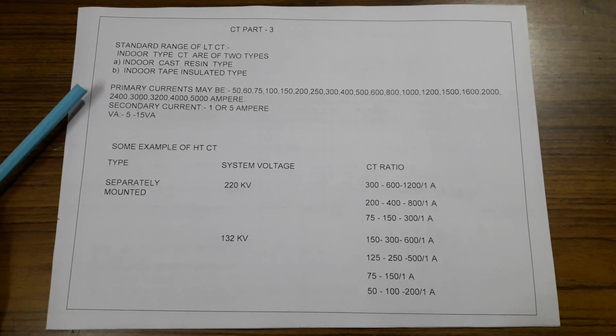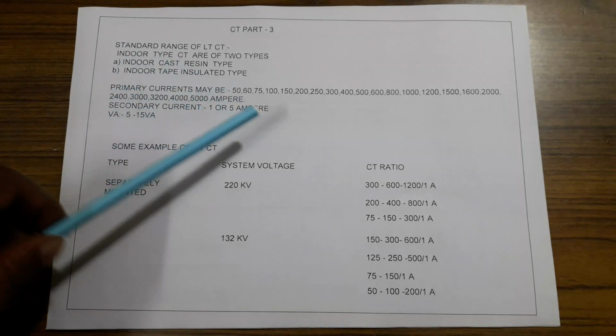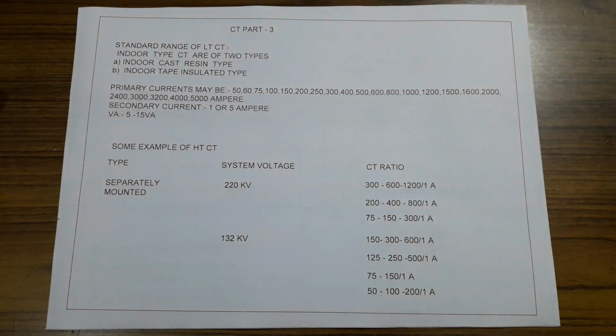The primary currents may be one of the following ampere ranges: 50, 60, 75, 100, 150, 200, 250, 300, 400, 500, 600, 800, 1000, 1200, 1500, 1600, 2000, 2400, 3000, 3200, 4000, 5000 ampere.